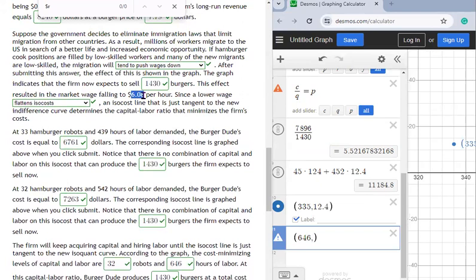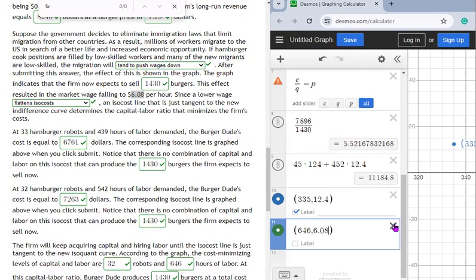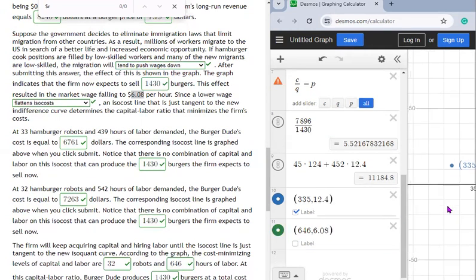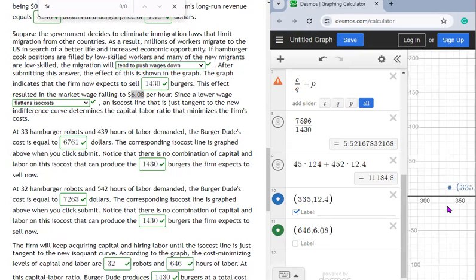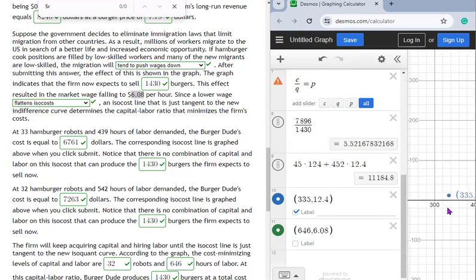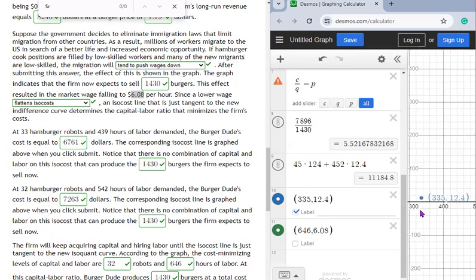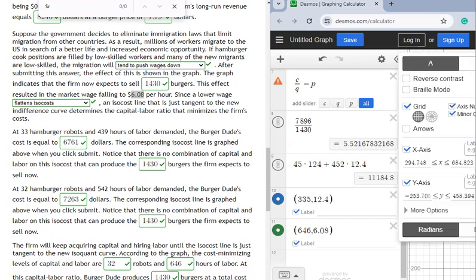The new wage is 6.08, right? Okay, and then we'll label it. Okay, let me stretch this. Let me stretch the y-axis. We'll do 10 and -1.